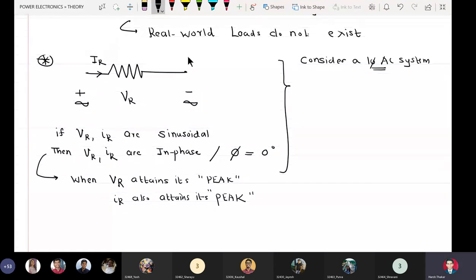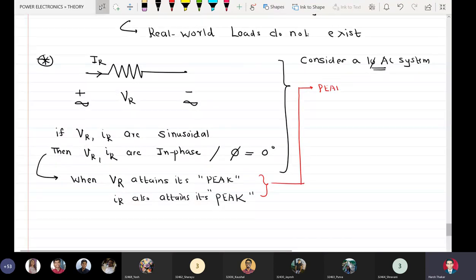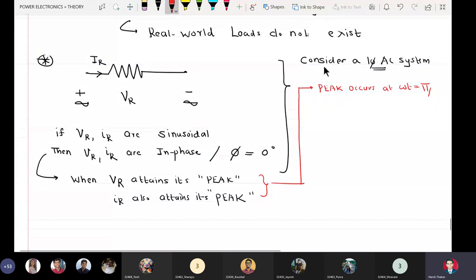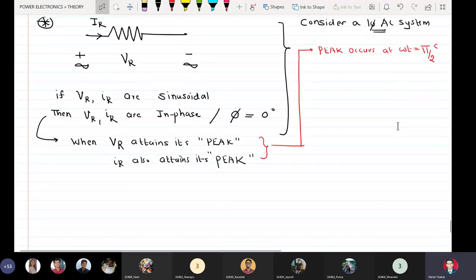Okay, so when I said peak, we know that peak occurs at omega t equal to pi by 2. That is what it means.